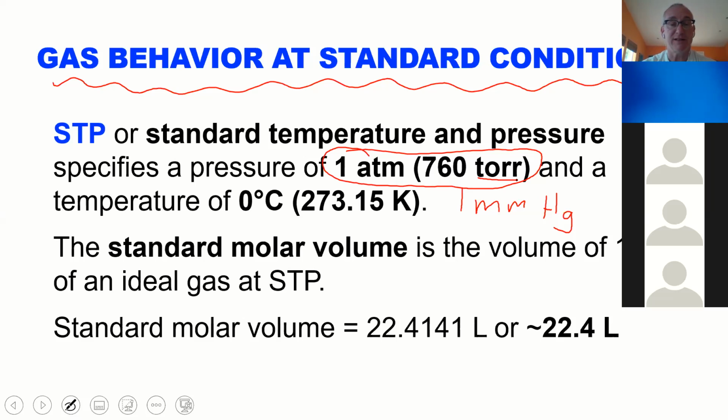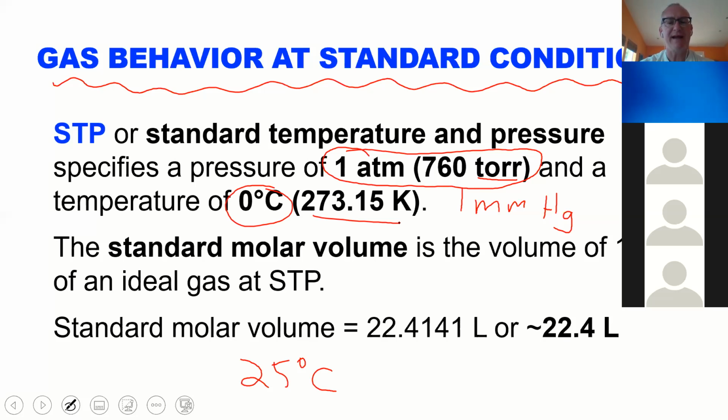Standard temperature is a little different, because usually the standard temperature for most things in chemistry is 25 degrees C. For gases, it's 0 degrees C, and in Kelvin, 273 K, okay?